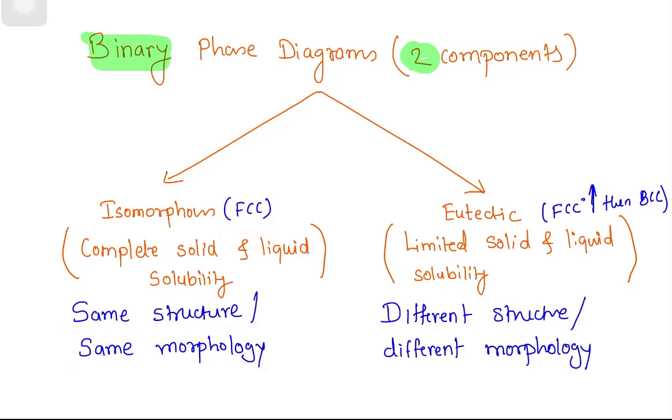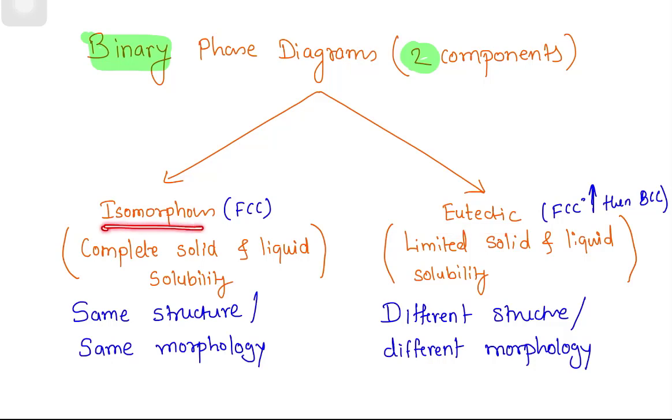In the eutectic phase diagram, there is a limited solubility of liquid and solid. As I told you, if you take a beaker of water and add sugar into that, sugar will not get completely dissolved after a certain limit, that we call the solubility limit. So in a eutectic system we always have a solubility limit or solubility curve.